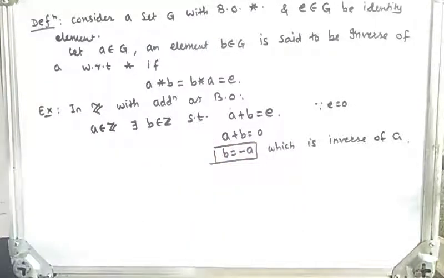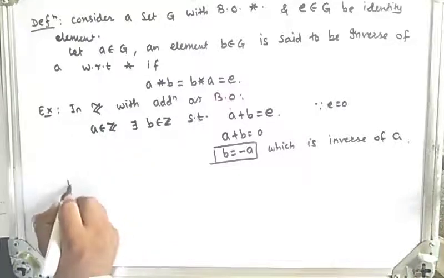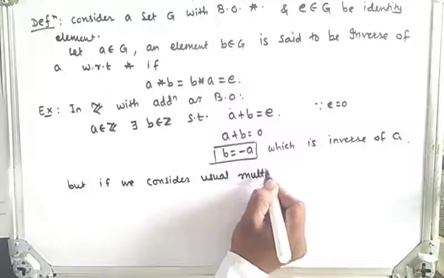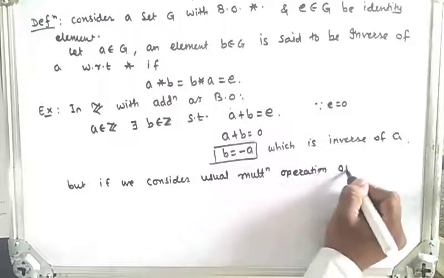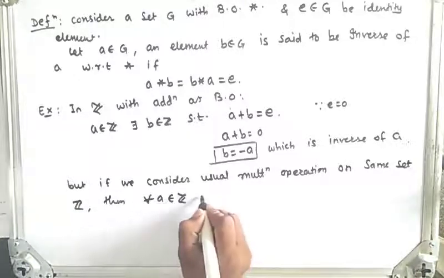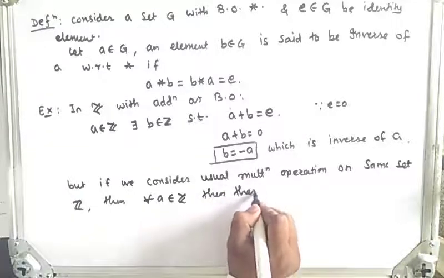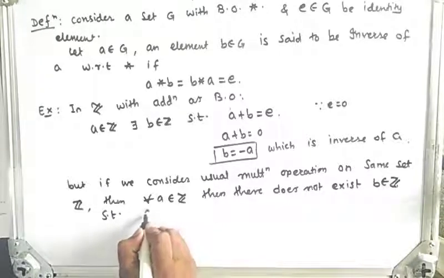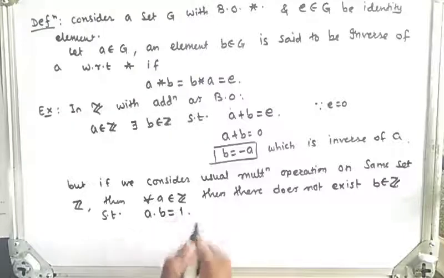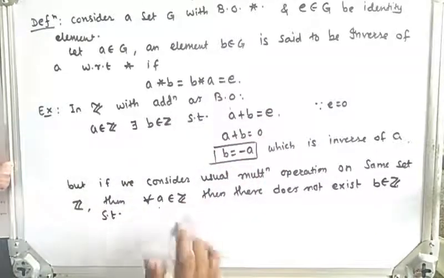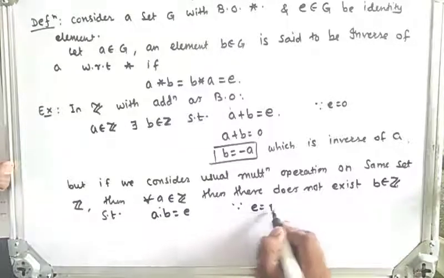But if we consider the usual multiplication operation on the same set of integers, then for all a belongs to Z, there does not exist b belongs to Z such that a into b is equal to 1, because here the property is identity. The multiplicative identity is 1.